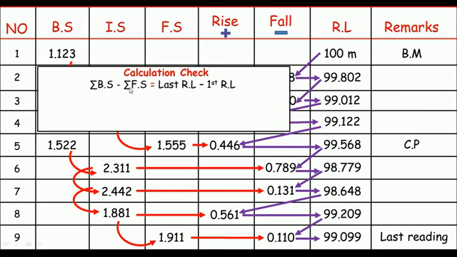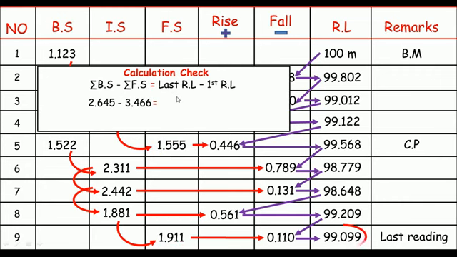In the first check, the summation of backsides minus the summation of foresights must be equal to the last RL minus the first RL. Like the summation of backsides, remember we have only two backsides. Adding these two, we get 2.645, minus the summation of foresights. Foresights are also two, so add these two.